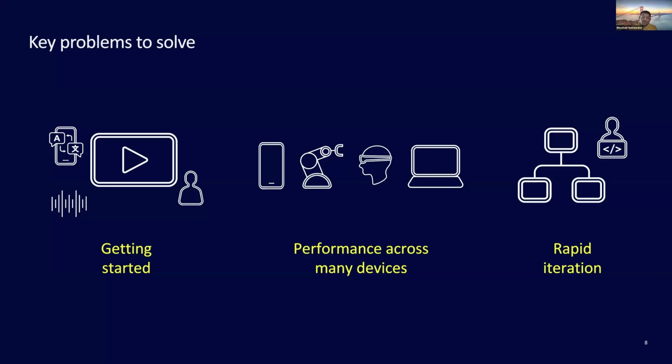The second key area is, let's say now I have a model that I need to start with, but how does it perform? When I deploy a model in my use case, I won't be deploying on one particular device. I need access to a variety of platforms, for example, mobile, IoT, compute, or XR devices.